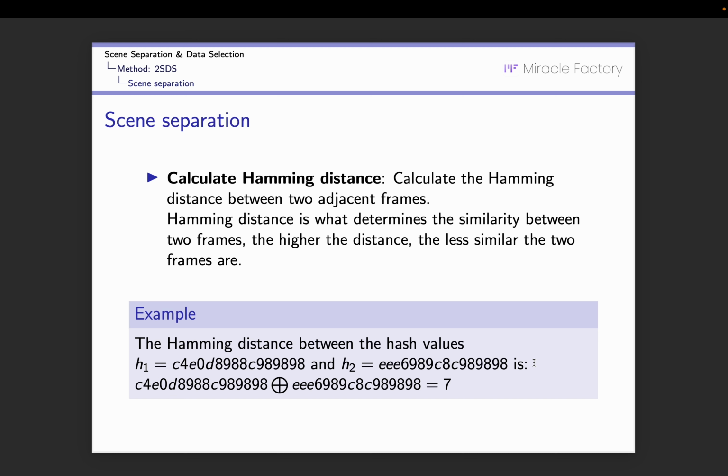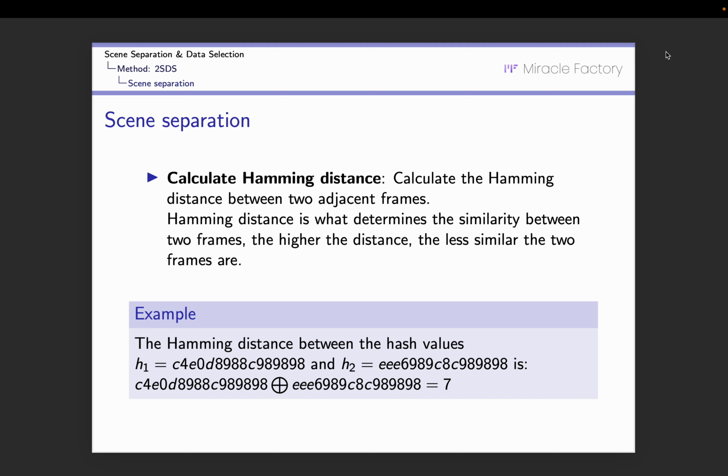In the example here, the Hamming distance between hash value h1 and hash value h2 is 7. This is simply acquired by doing an exclusive OR operation on these two hash values. So these are the 4 steps involved in scene separation.